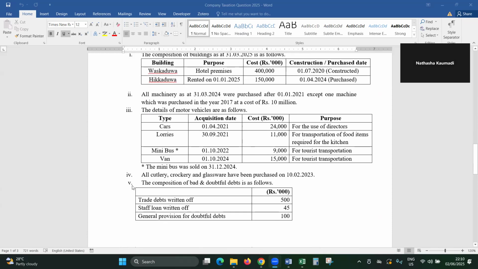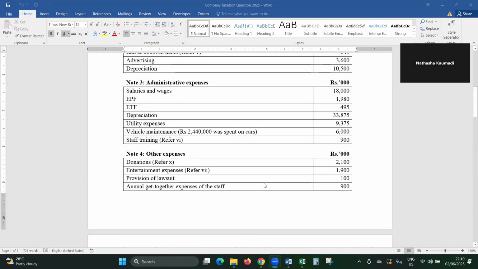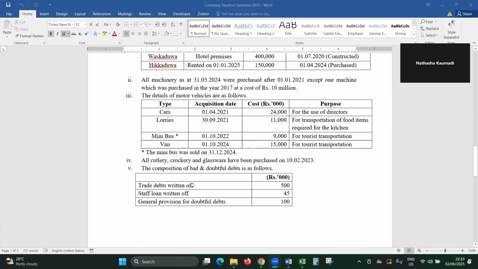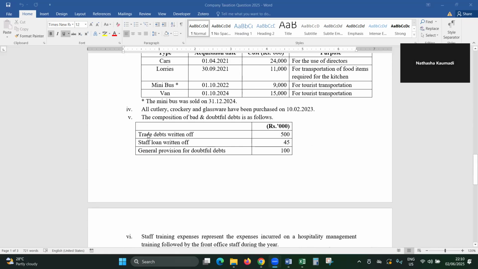And then it says point number 5, the composition of bad and doubtful debts is as follows. Now you can see bad and doubtful debts, refer point number 4. The reference is given, and the breakdown is given: trade debts written off, staff loan written off, general provision for doubtful debts, right?